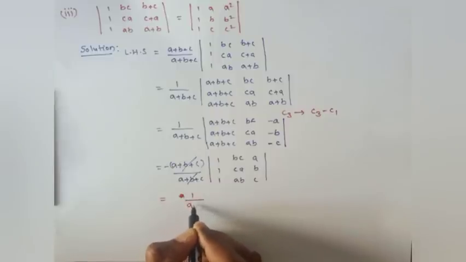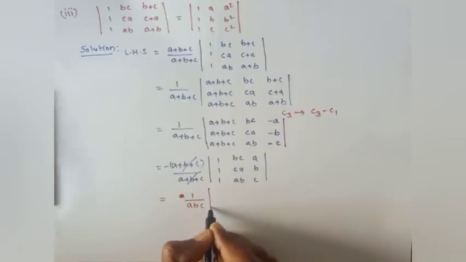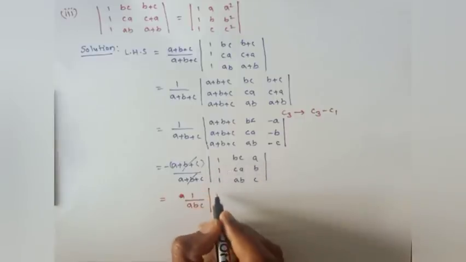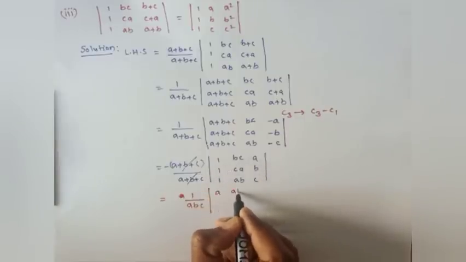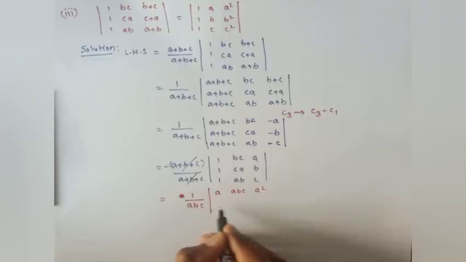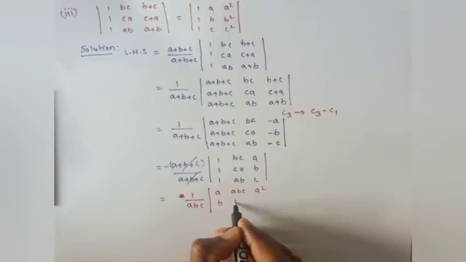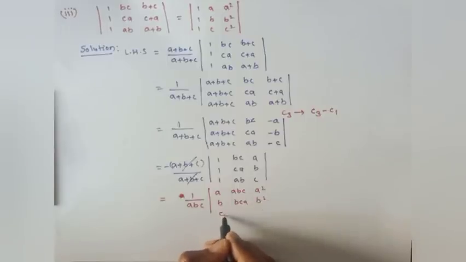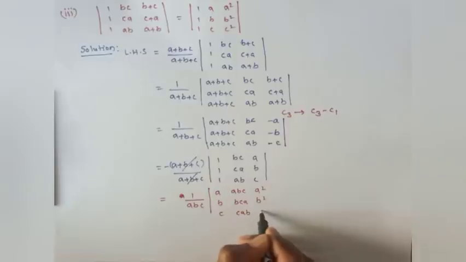outside, so it is ABC times of, now here I am multiplying the first row with A, means A, ABC, A square. This is B, BCA, B square. Now this is C, CAB, C square.